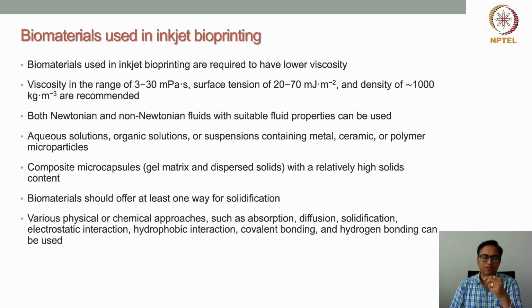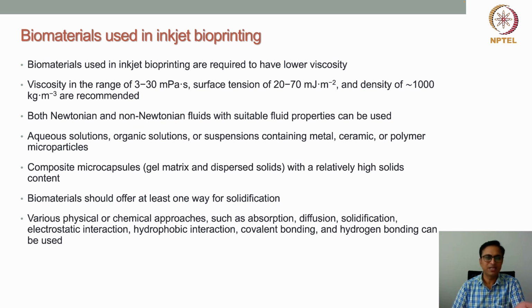As you must have seen, inkjet printing technology is nothing but the generation of droplets and then delivering them to the substrate or printing stage. So for generating droplets, the biomaterials should have a certain level of viscosity.